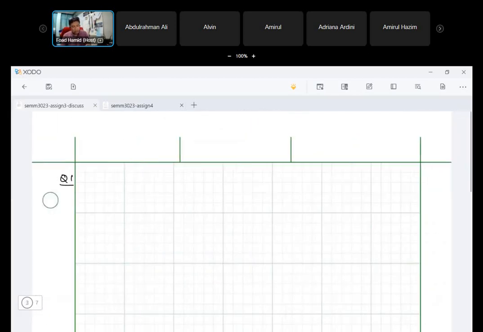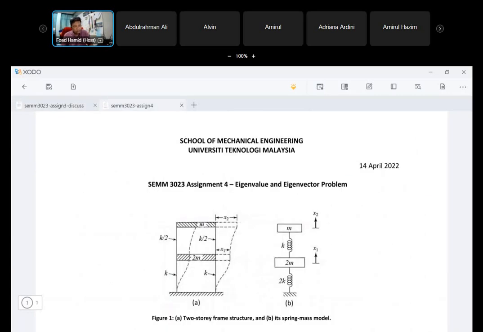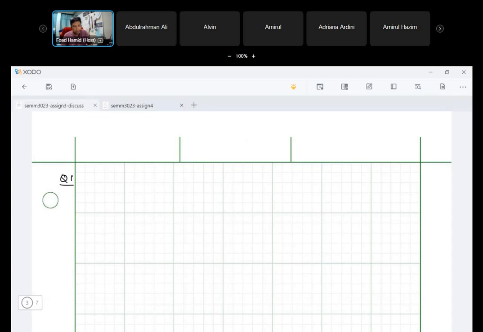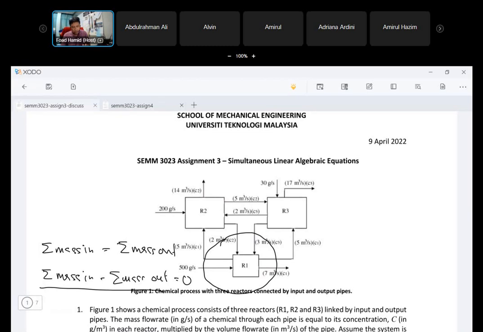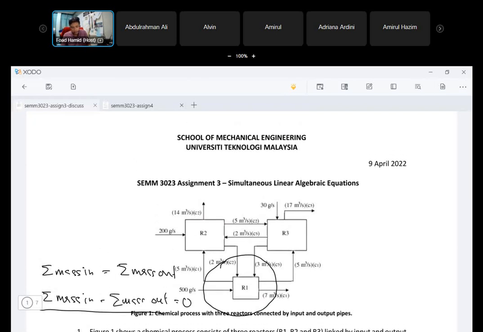So let me start with reactor number 1. We have 500 coming in, 5C1 going out. I'm looking at this reactor here, so let's do it one by one.